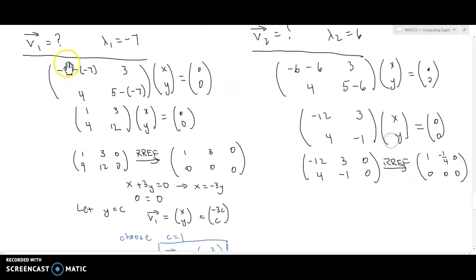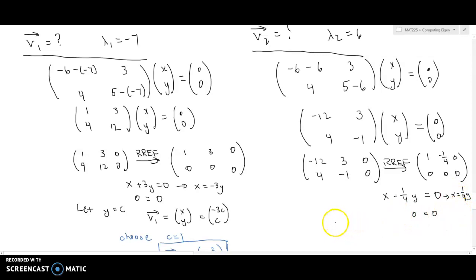So again, we see that we get an equation that depends on x and y: x minus 1/4 y has to equal 0. And then again, I see that the second one says 0 equals 0. So this first equation just tells me that x has to equal 1/4 of y.